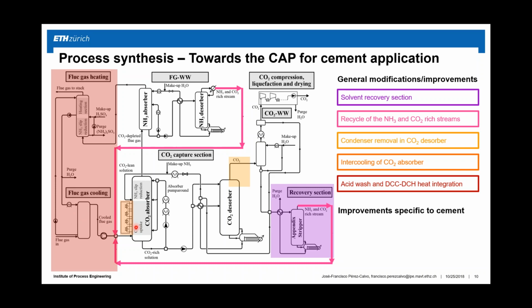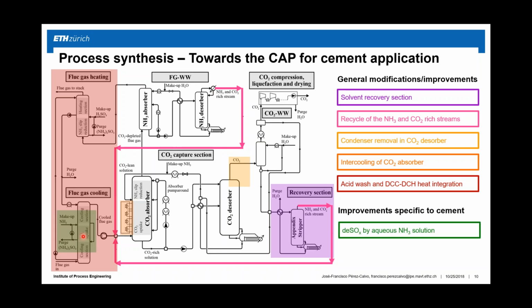Since the typical SO2 concentration in the flue gas coming from the cement plant will be around 75 ppm, we propose the introduction of an SOx uptake section using aqueous ammonia as a solvent within the direct contact cooler, in such a way that we produce ammonium sulfate as a byproduct and obtain a negligible SO2 concentration in the flue gas entering the CO2 absorber.